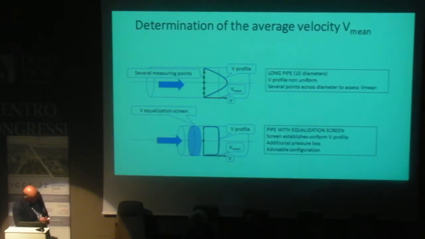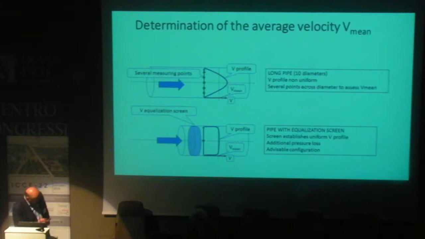And as Judd mentioned this morning, they got this kind of comment several times. This is the reason why they measured the velocity at different points across a radius or a diameter, just to check that this is not a profile like that, but in a turbulent regime, you have almost a flat profile.